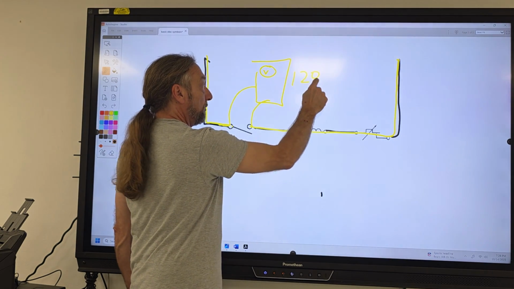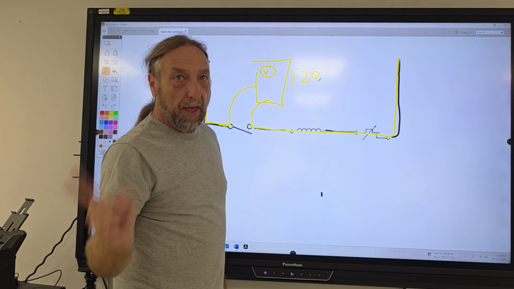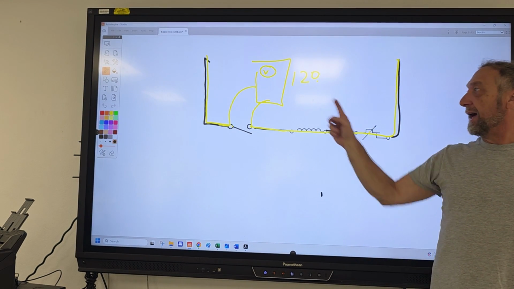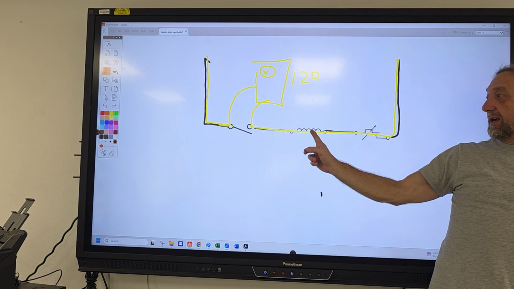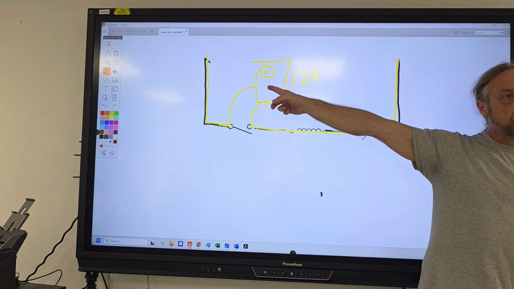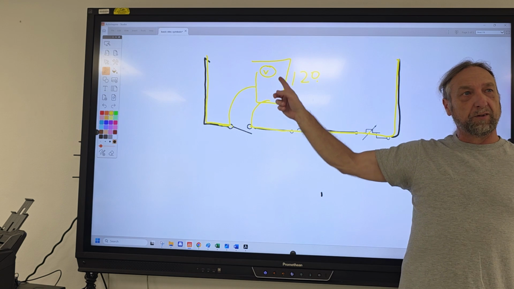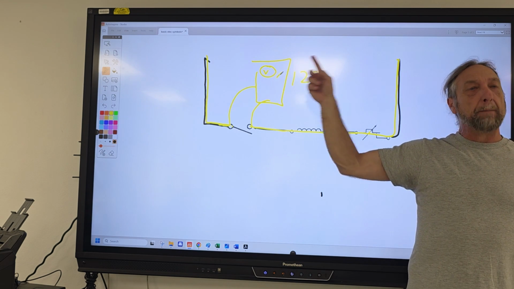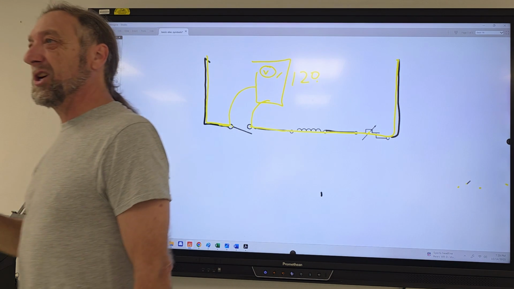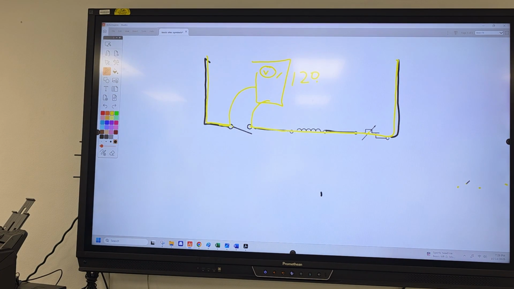If I have 120 volts here, that means everything else is good. Because if that switch was bad, I won't get a voltage reading. If this coil was bad, I won't get a voltage reading. If this switch was closed, I won't get a voltage reading. But that is not a good test. We do not like to check switches with voltage.